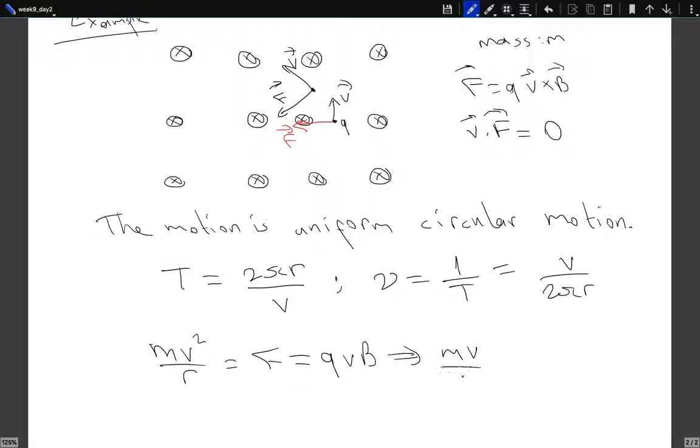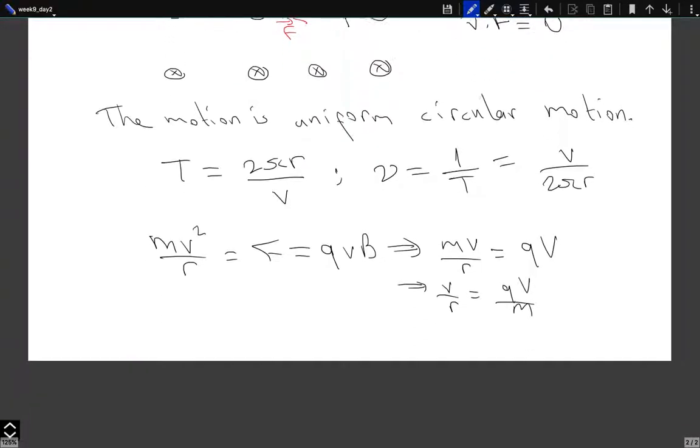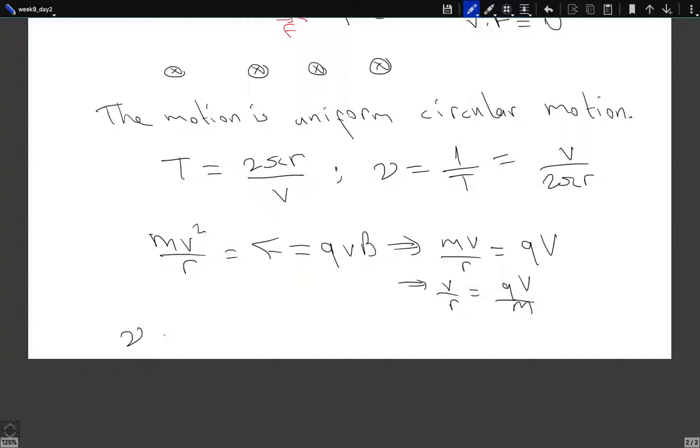Well, this tells me that mv over r is equal to QB, or v over r is equal to QB over m. Or the frequency of rotation is v over r over 2 pi, but v over r is just this number. It's QB over 2 pi m. Oh, sorry, this is QB.